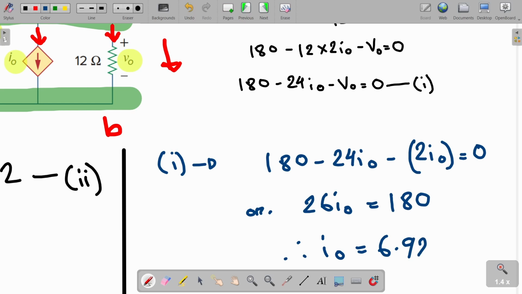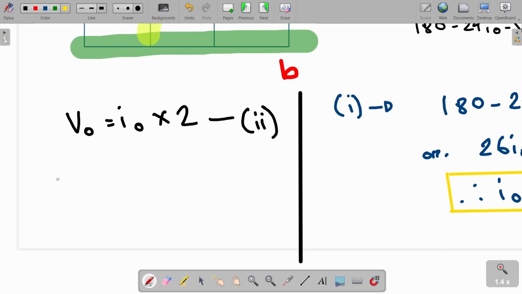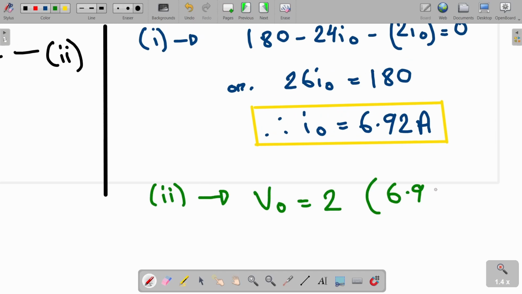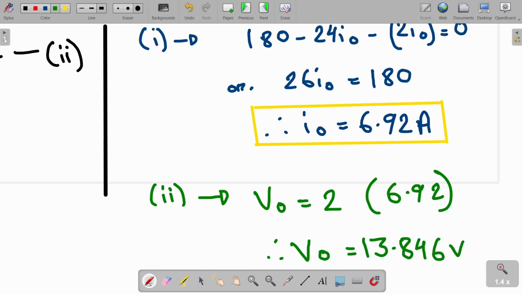So I naught equals 6.92 ampere. Let's plug the value of I naught in equation 2. So we get V naught equals 13.846 volt.